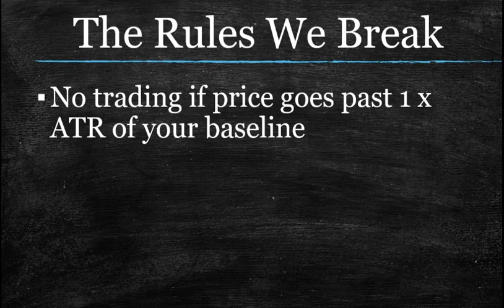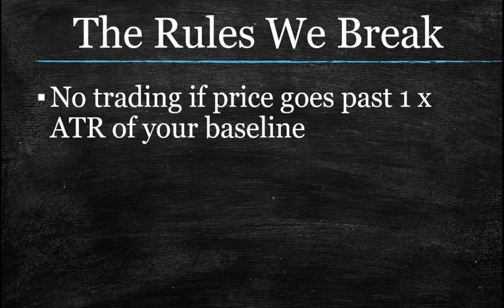That's one of the benefits your baseline gives you: to avoid trades that have deviated too far from your baseline itself. But this rule does not apply to continuation trades. Sometimes you're going to get into continuation trades that are way past your baseline, and that's okay. So for this one instance, ignore this rule right here.